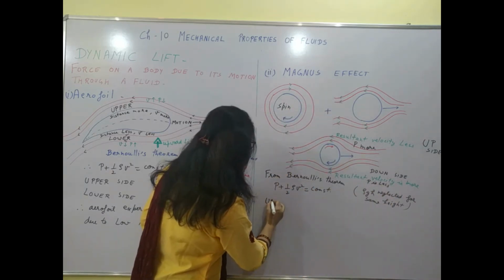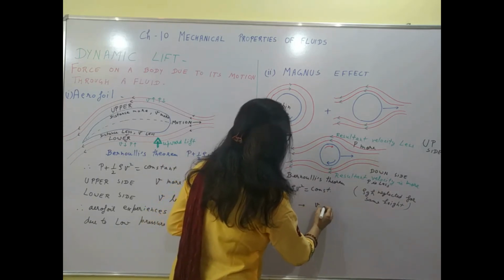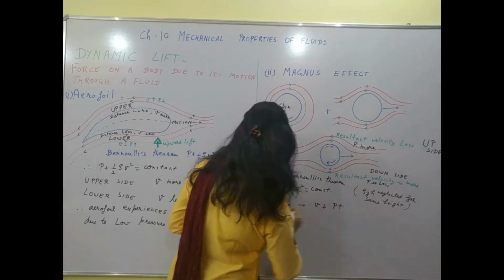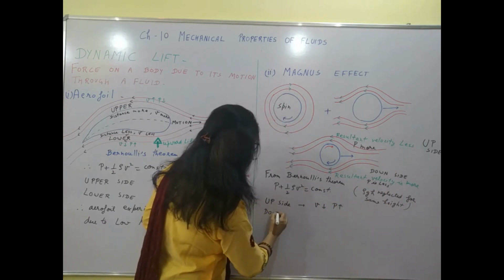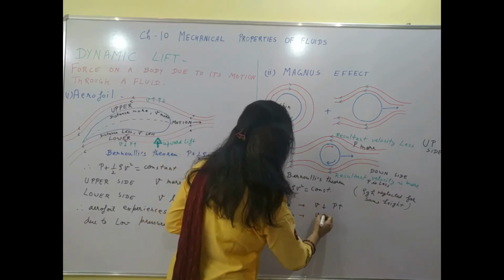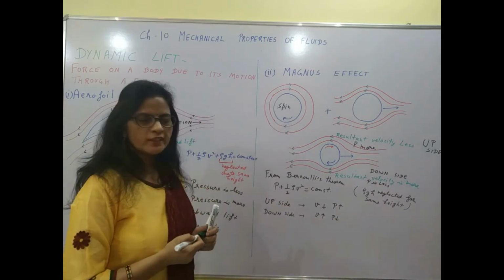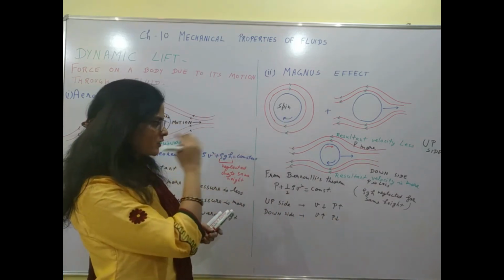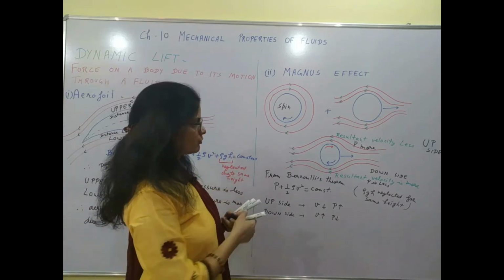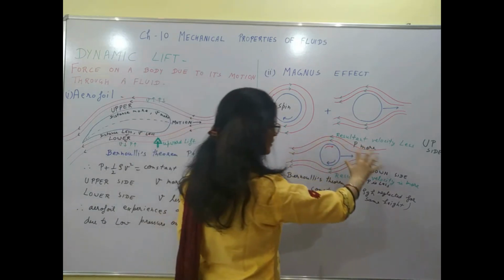So on the upside, velocity is less, so pressure is more, and on the downside, velocity is more, so pressure is less. We know that the fluid moves from higher to lower pressure side. So it will cause the motion of the ball to move from higher to low pressure side. So this ball will curve this way.